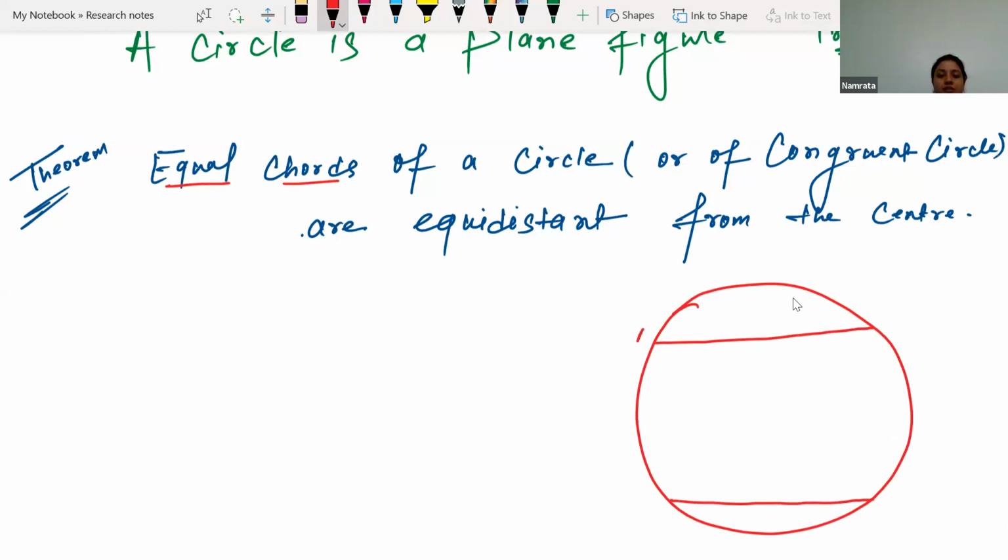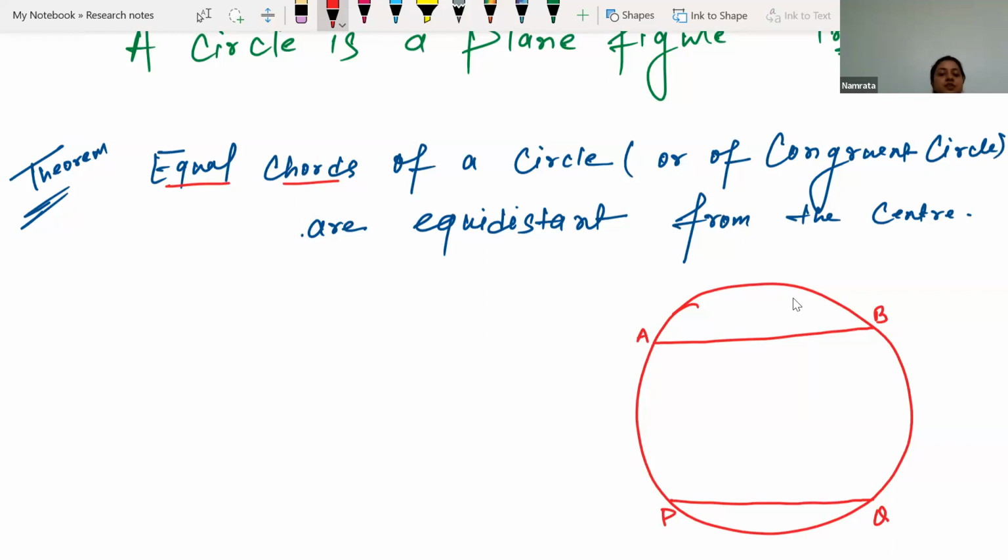The name of this chord is AB and this chord is PQ. If it doesn't look the same length in my figure, don't worry, my circle is not a proper circle, it's just a rough sketch. When you draw it, you can use a scale to draw two equal chords. AB and PQ have to be the same.